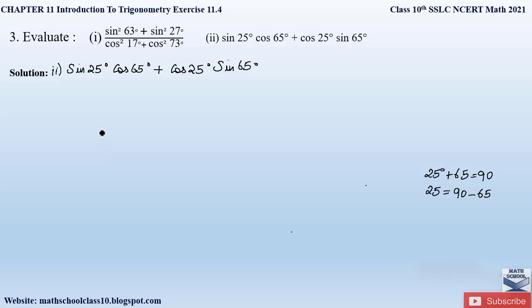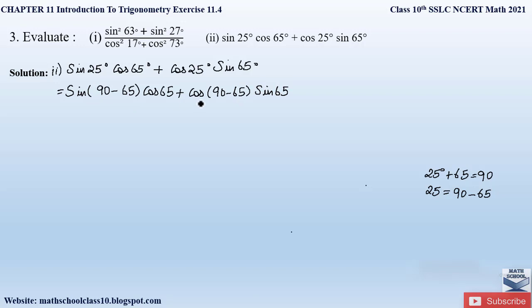So therefore we can substitute the value of 25 degree angle here in the equation, that is equal to sine 90 minus 65 into cos 65 plus, again instead of 25 we'll write cos 90 minus 65 into sine 65, right?